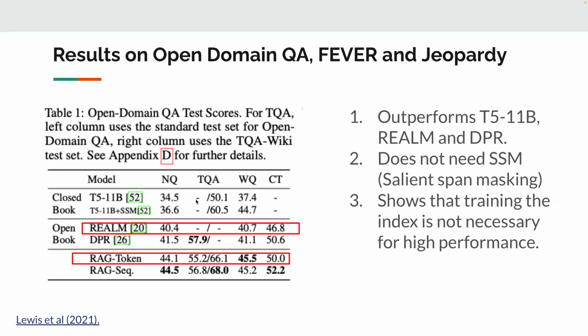I do not know what the two values mentioned here mean. My guess is it's either extractive or abstractive, because T5, remember, can generate results on its own. It doesn't have to pick spans in there, but they mentioned that they choose.